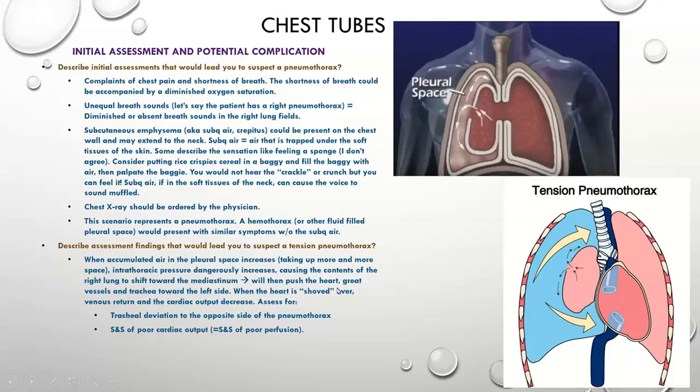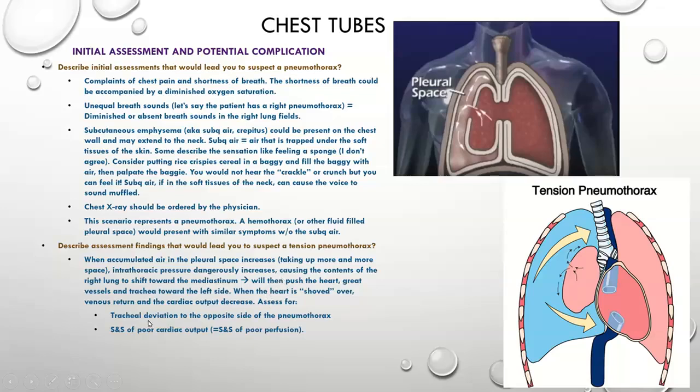This can be a bad thing because as the heart and great vessels are getting pushed over, it is very hard for venous return to the heart. It's actually very hard for the heart to fill with blood and eject blood, and so your cardiac output can markedly go down.